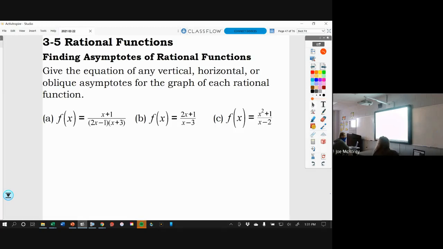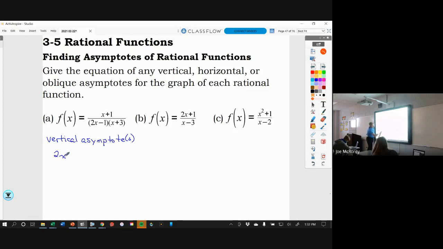All right. So since A is already in simplest form, to find the vertical asymptotes, we want to find what values of x make the denominator 0. So you will set each factor to 0. So part A, let's look for vertical asymptotes. So we set the factors at the bottom to 0.